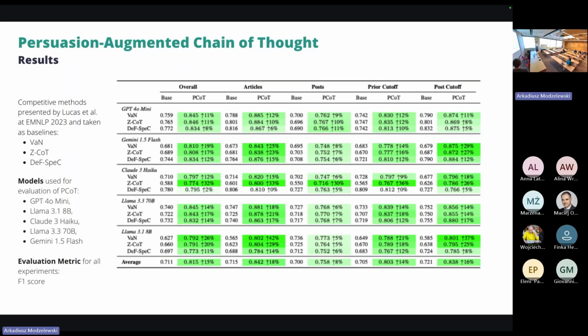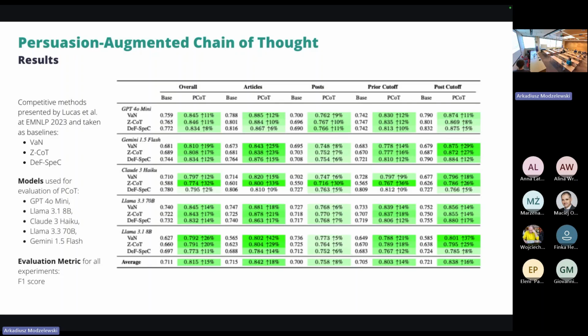So you can see that we improved across all groups of articles, posts, prior cutoff, post cutoff data. Overall average improvement was about 15%.